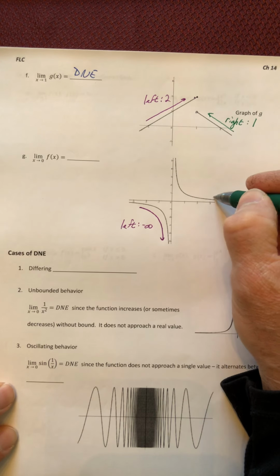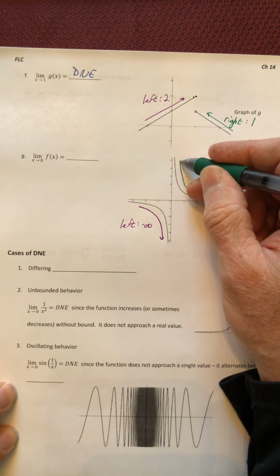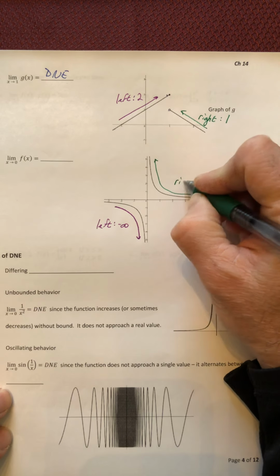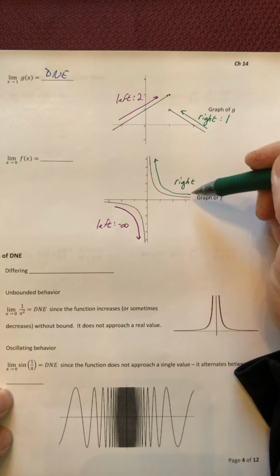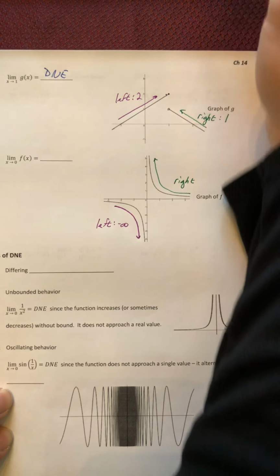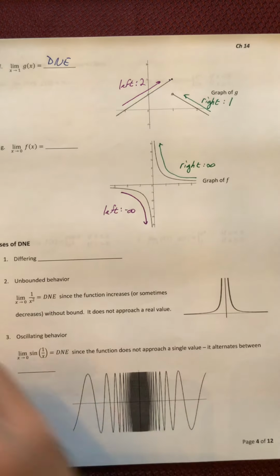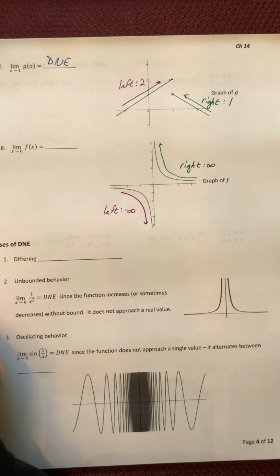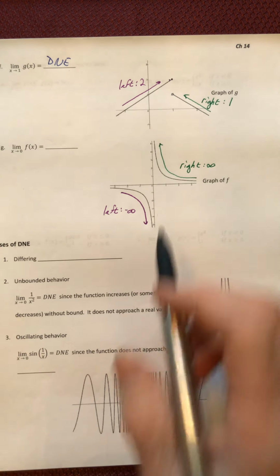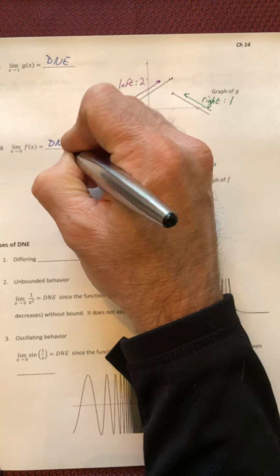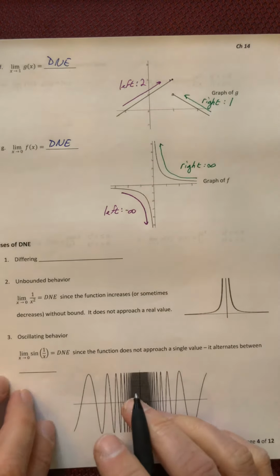And then this side on the right, as it gets closer to x equals 0, it keeps shooting up towards positive infinity. So did they approach the same value? No, they're different. So the limit does not exist.